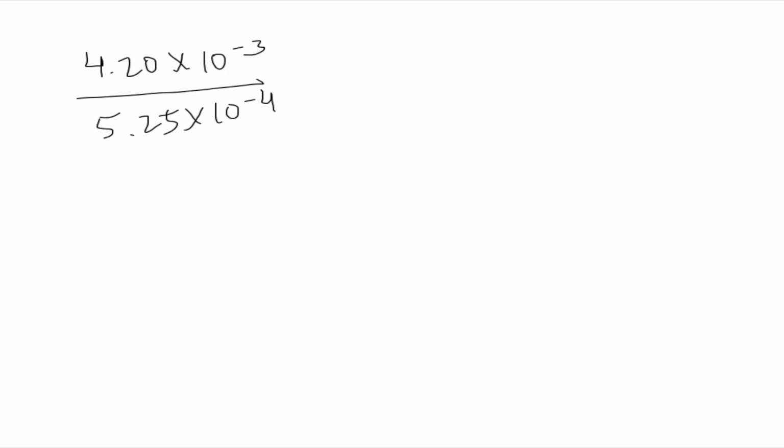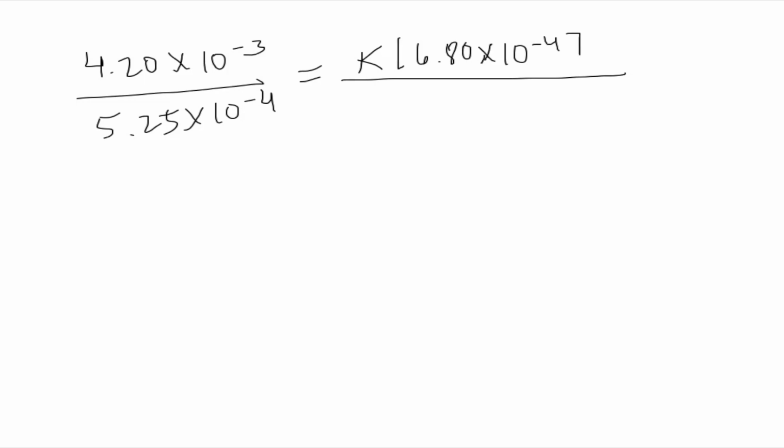So it will be 4.20 times 10 to the negative 3 over 5.25 times 10 to the negative 4. And that is equal to K times 6.80 times 10 to the negative 4, that is squared, times 7 times 10 to the negative 5 to the beta.